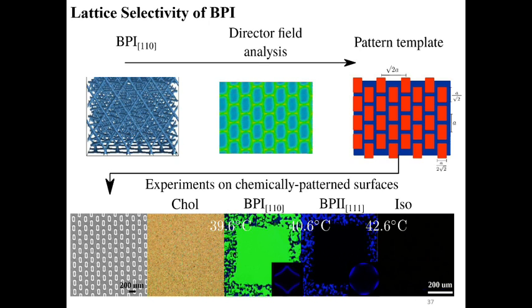So here we show the ability that by simply tuning or patterning the surface, you can easily control which phase you want to stabilize, and in each phase which lattice orientation you want to stabilize. It depends on how large an area of patterned surface you can generate. It will form this beautiful single crystal on top of it.